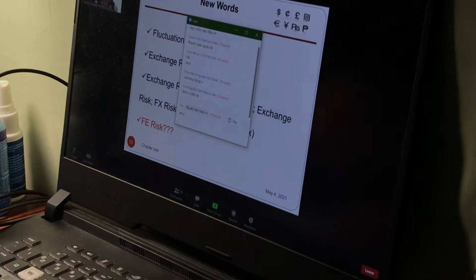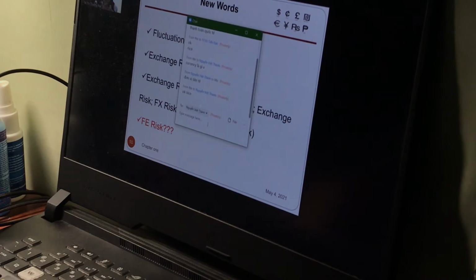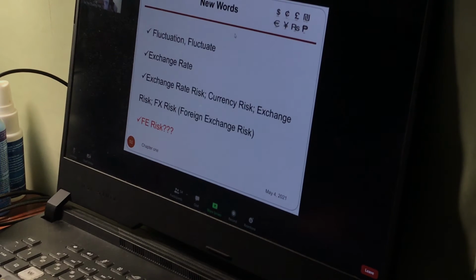Yes or no? Nguyễn Trung Khánh, please. I think if we have only one type of currency, we don't have to face the exchange rate risk.